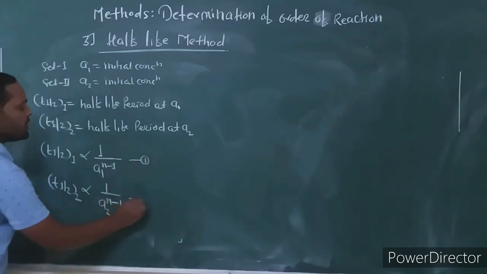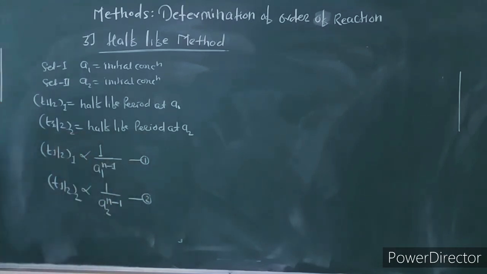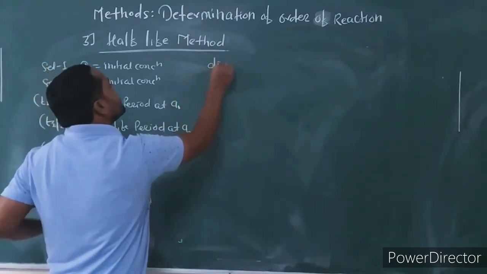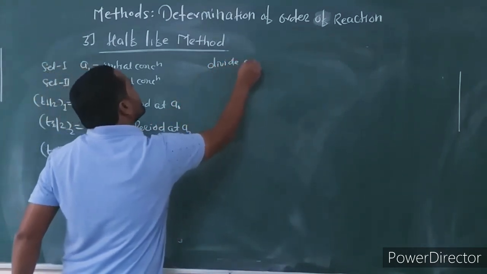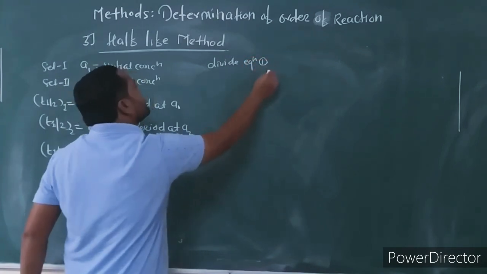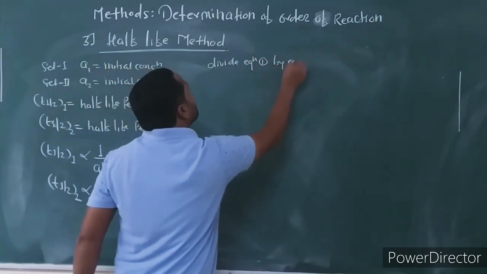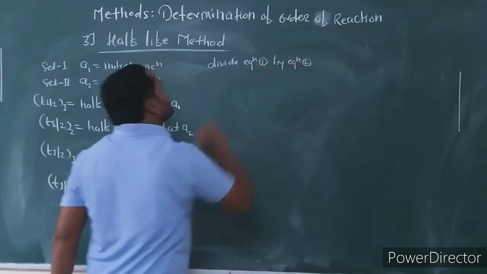This is equation 1 and this is equation 2. Then divide equation 1 by equation 2.